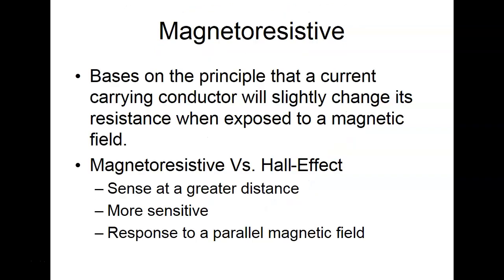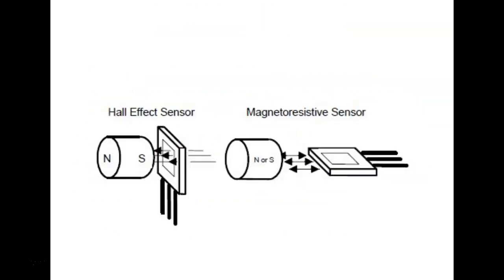What they found out quite a few years ago was that a conductor will change its resistance when exposed to a magnetic field. That is the principle of magnetoresistance. Hall effect works on the principle of how a semiconductor is affected by a magnetic field.